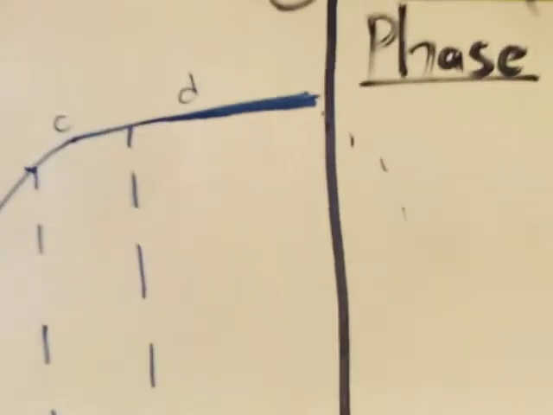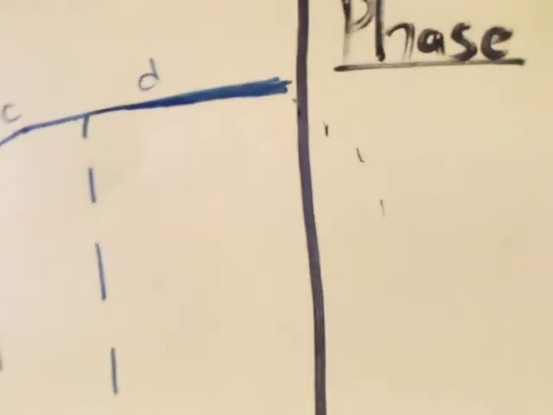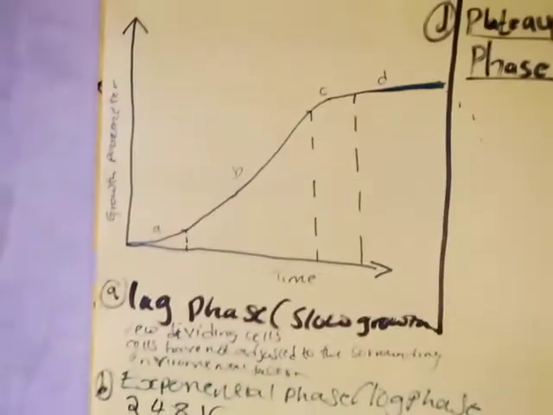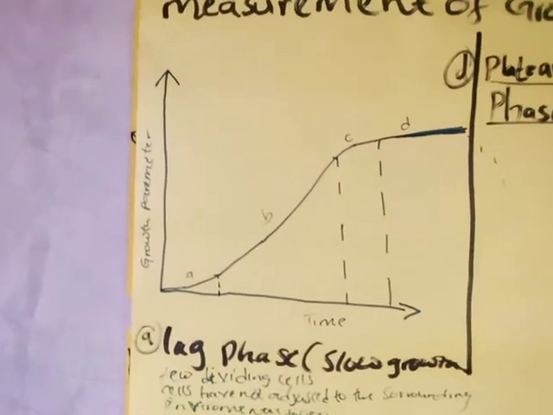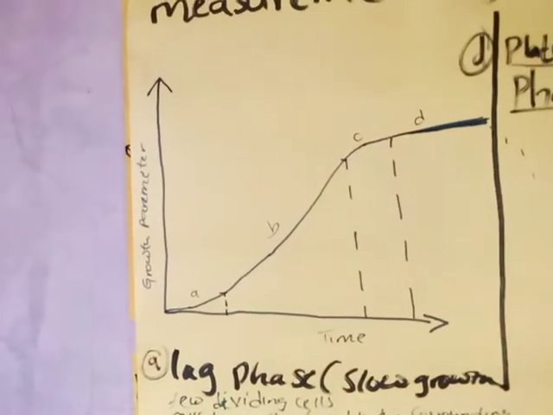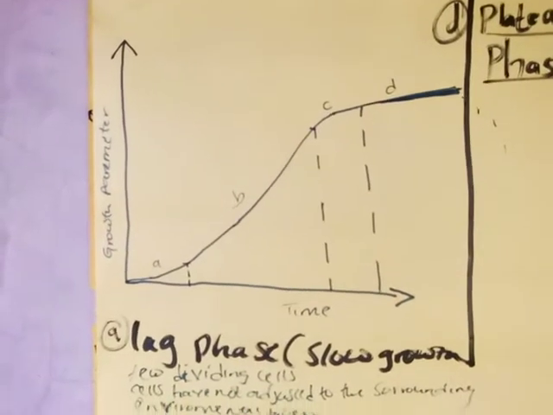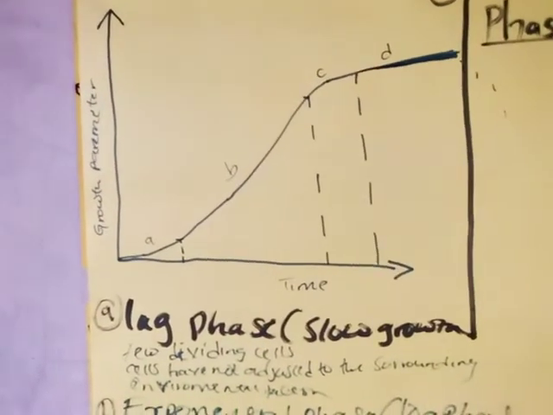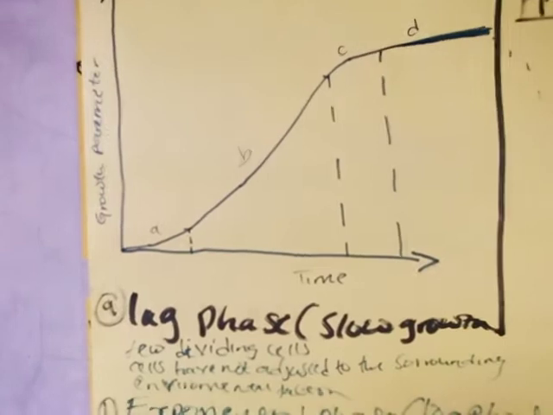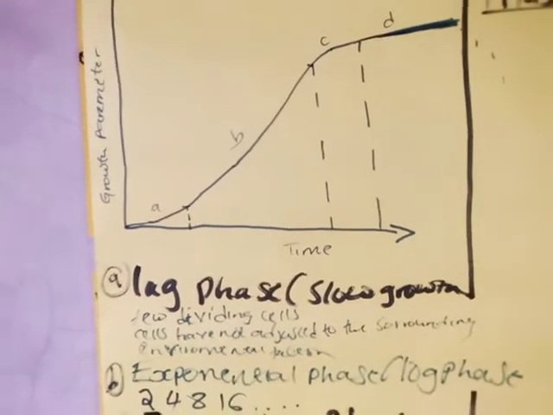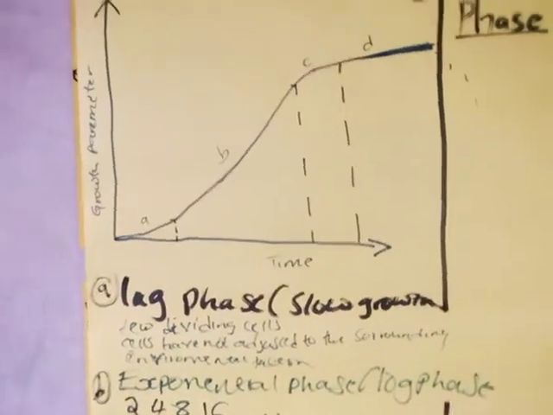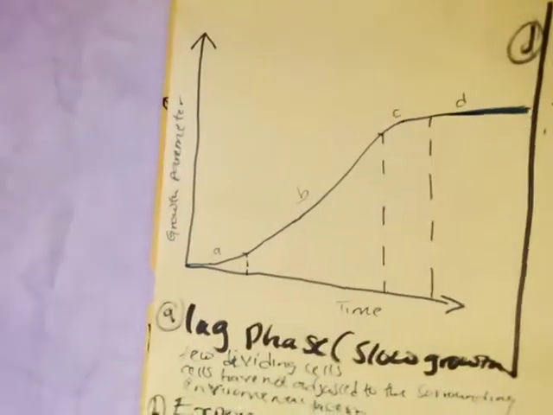Now, this kind of curve will not give us how growth takes place in all living organisms. The sigmoid curve does not apply to all living organisms.